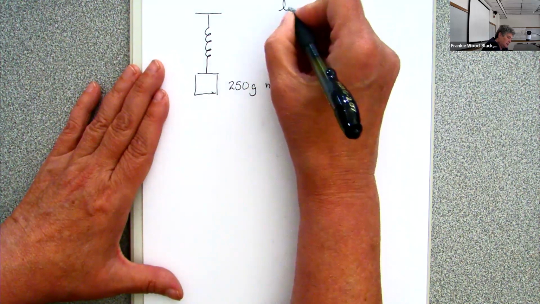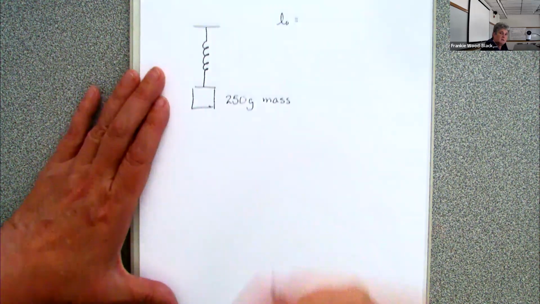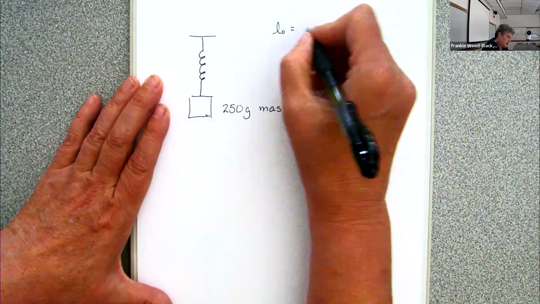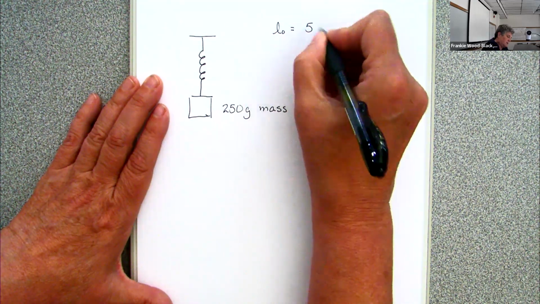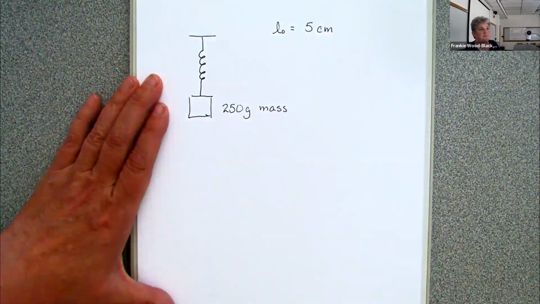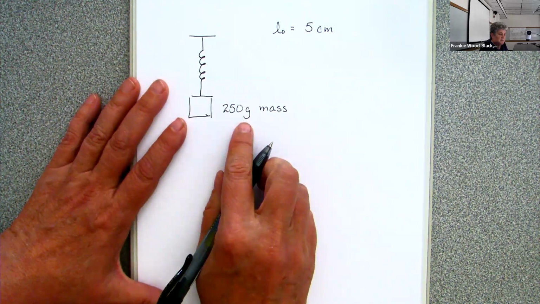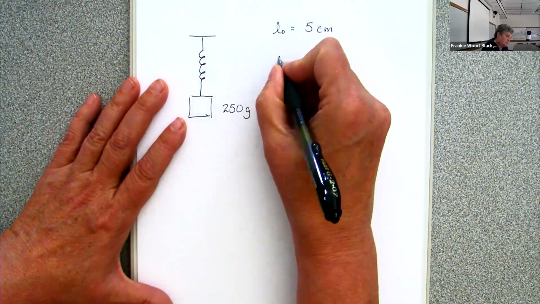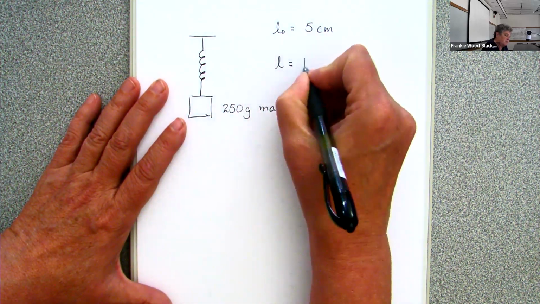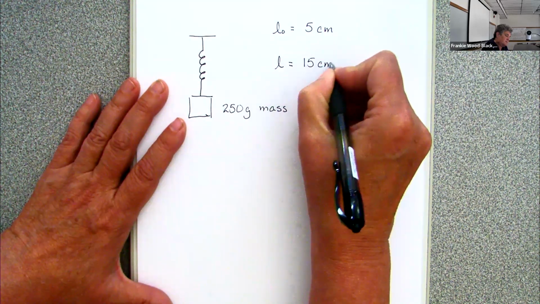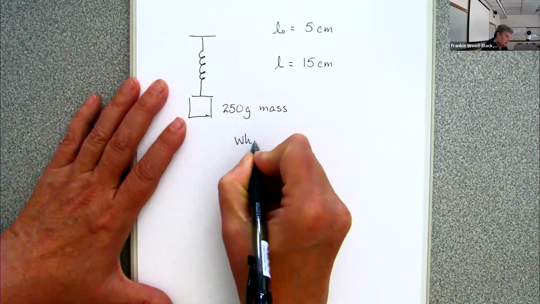The initial length of my spring was, we'll say, 5 centimeters. But when I put my 250 gram mass on, my new spring length is going to be 15 centimeters. We want to know what is the spring constant.